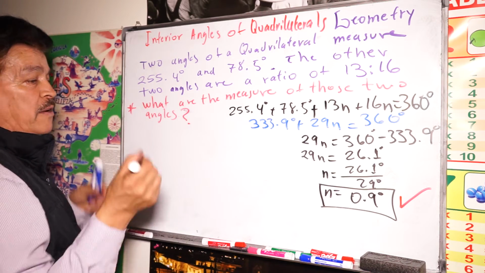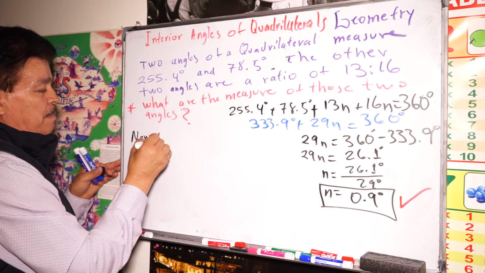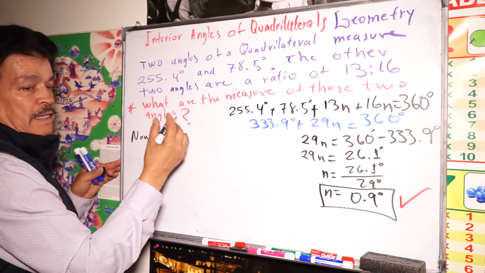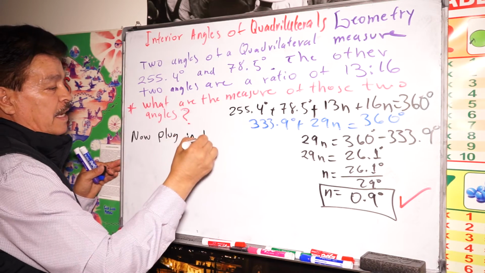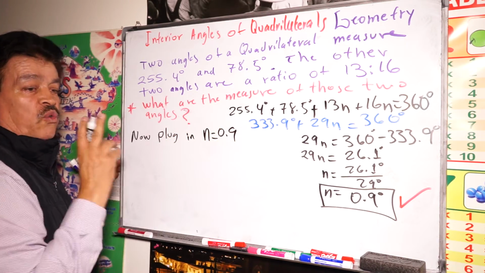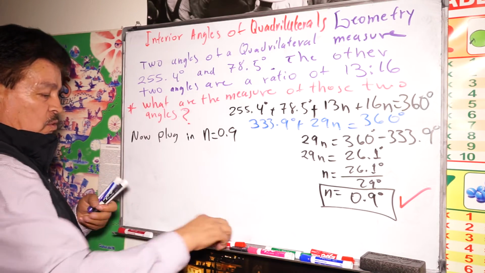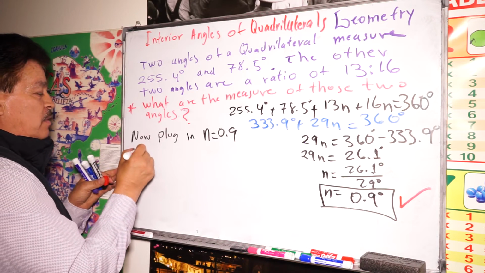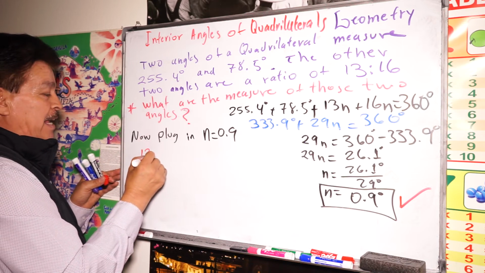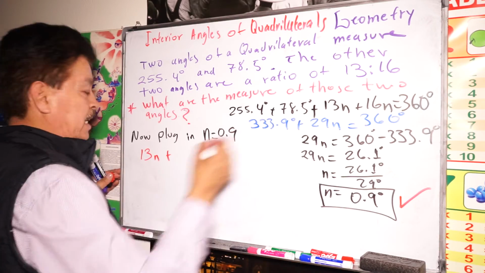Now plug it in, n equals 0.9, to find the measure of those two angles. If we do that, we have 13n plus 16n.